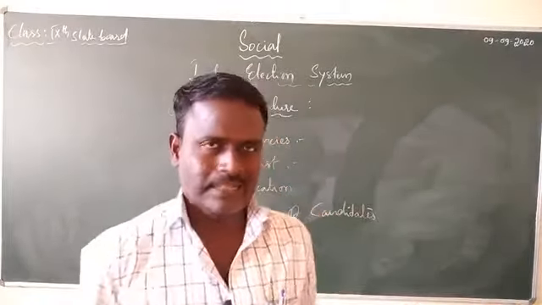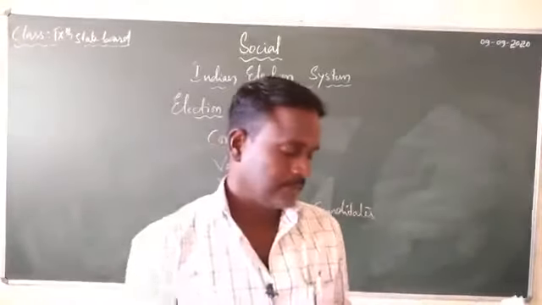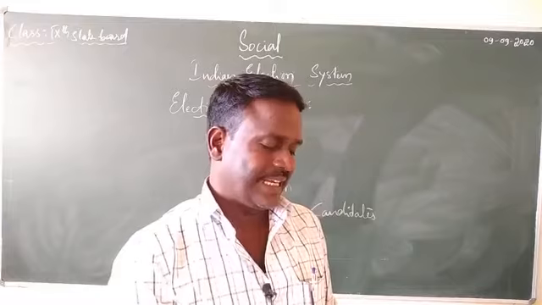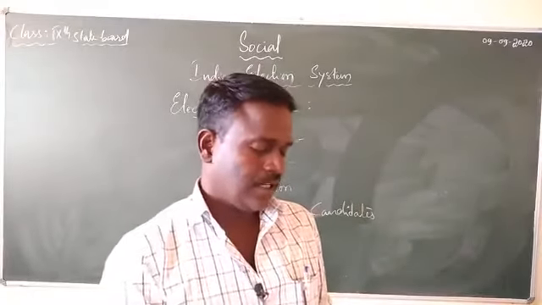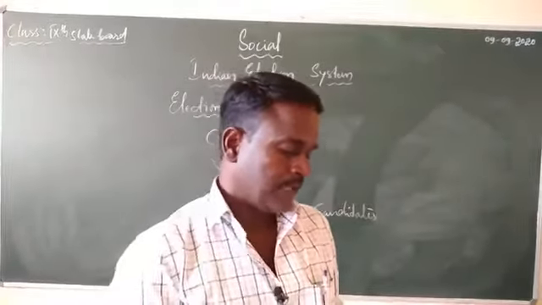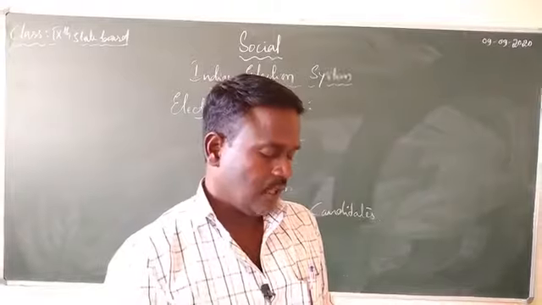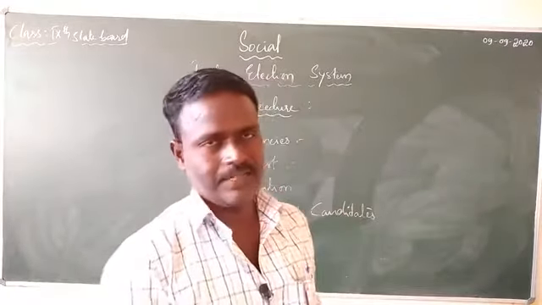The election commission has provided the voter card also. The Electoral Photo Identity Card, EPIC, is issued to all eligible voters by the election commission to prevent impersonation. EPIC is also used as a proof for general identification.